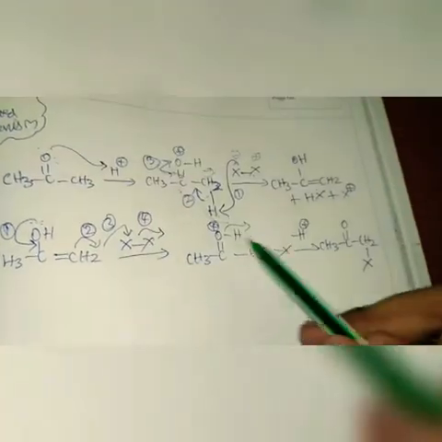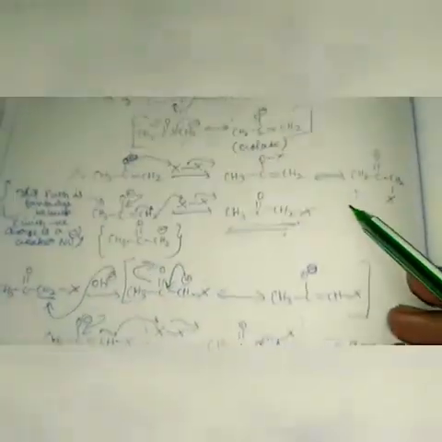Essentially H plus leaves like this and forms the same product which we formed here. It is not necessary that base and acid catalysts always form the same product, but mostly it forms the same. So this is the product through the acid catalyst mechanism.